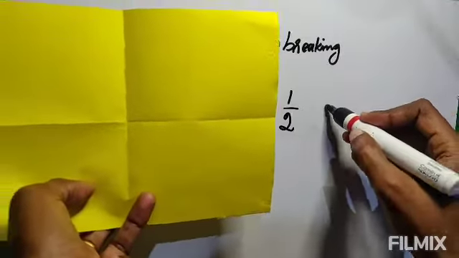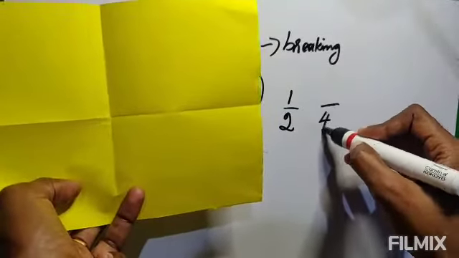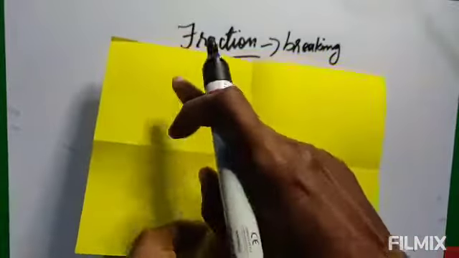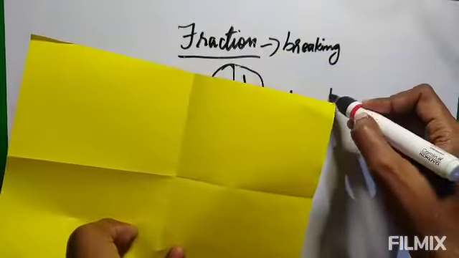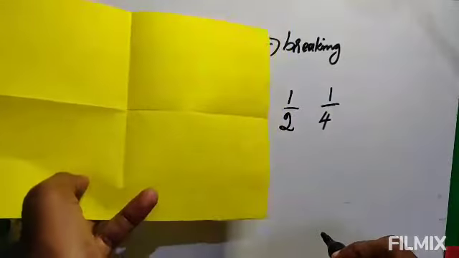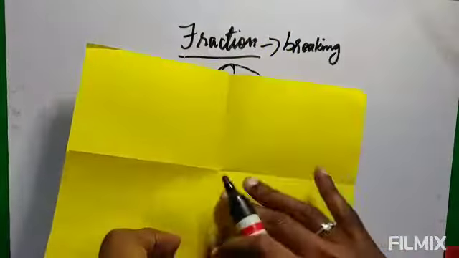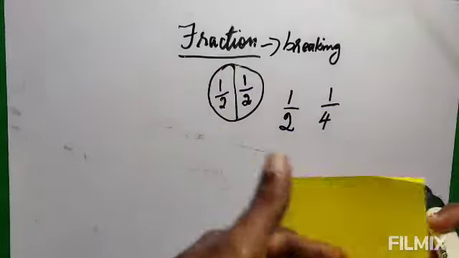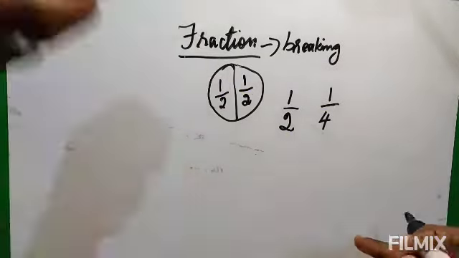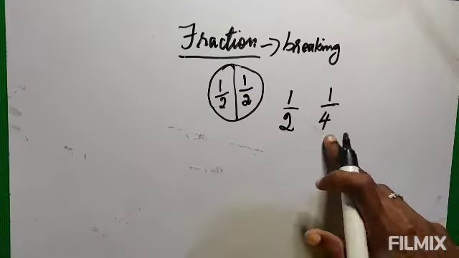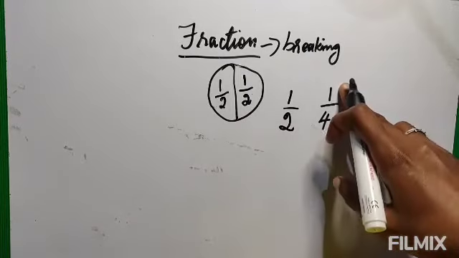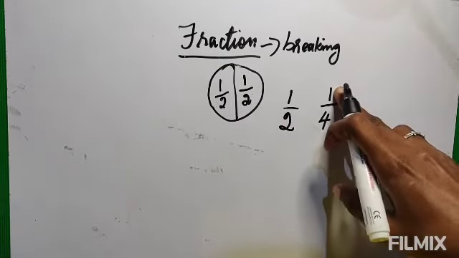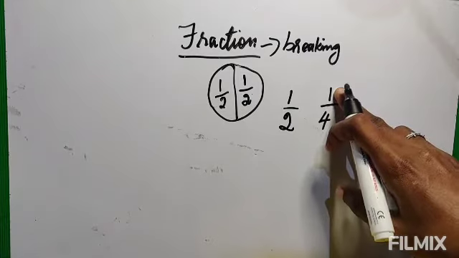That you have to write down. 4, and this represents only one part. So that is 1. Okay, so 1 by 4. This is the way we write. The equal parts we write down, and how many parts it is representing, that we will write on the top.